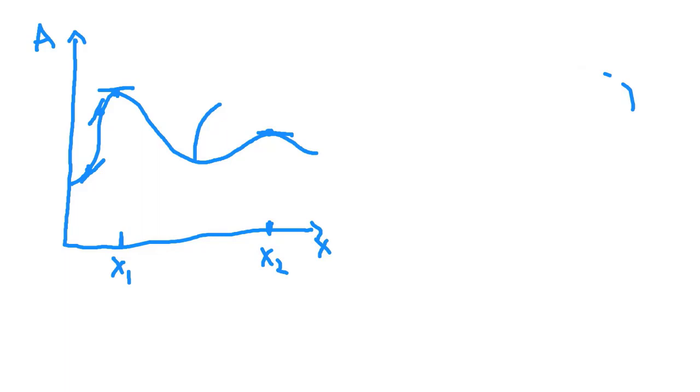Remember that we get the slope of our tangent line by taking the derivative of the function at a certain point. So if we have this area function and we want to find these maximum points, it makes logical sense to figure out where the derivatives are 0.